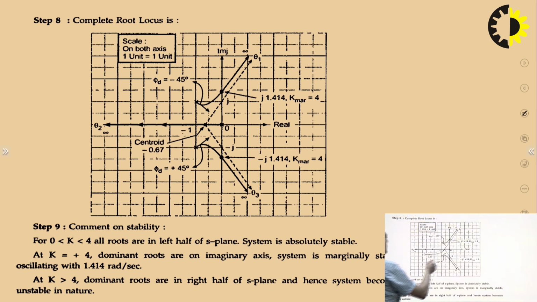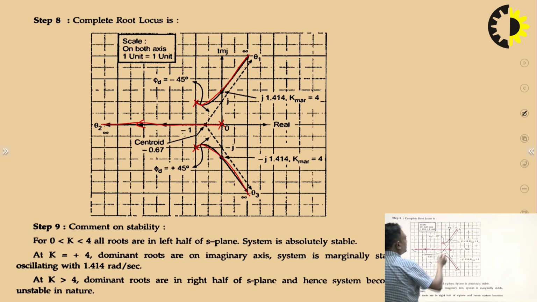What happened? This root will move in this direction towards infinity, and the other root is here. It will make a minus 45 degree angle, and then come in parallel with this asymptote, and similarly here.